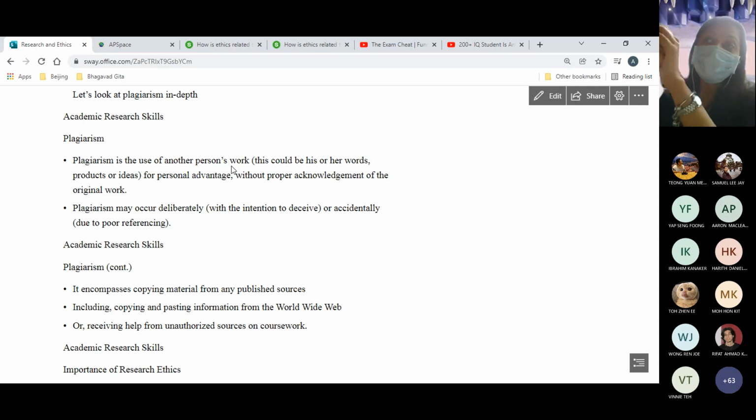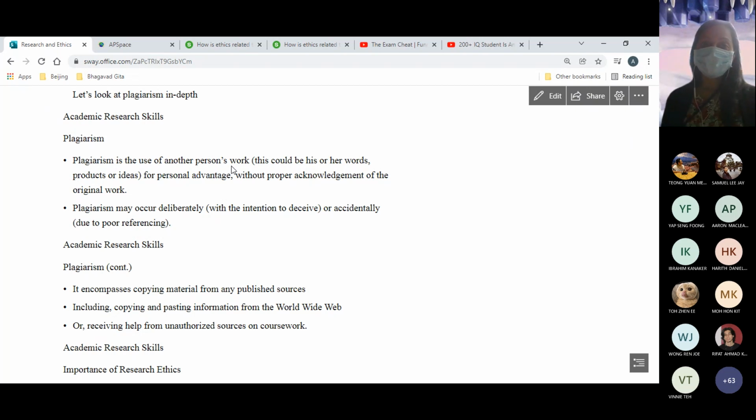And then sometimes students say, okay, I have paraphrased everything, and then I'll cite that person. That is also wrong. You cannot take somebody else's work, paraphrase it entirely and say this is my research. No, that is not your assignment, that is not your research, that is somebody else's work. And we can't give you marks for copying somebody else's work or assignment.